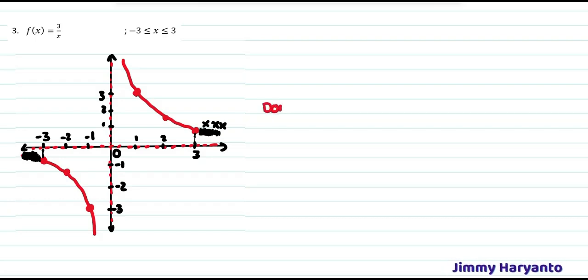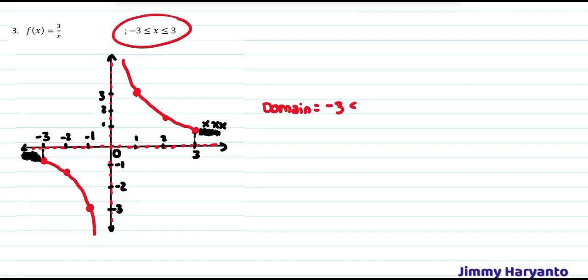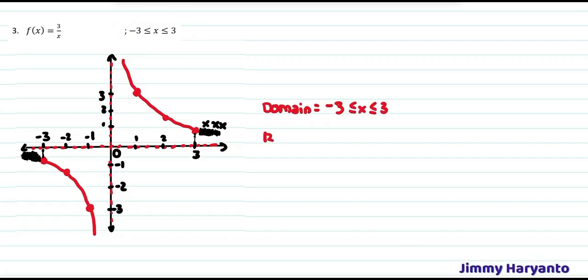The domain is the range of values of x, which is this one, negative 3 less than or equal to x less than or equal to 3. And then for the range, you will see the values of y. The values of y for this part start from negative 1, and then it will vary from negative 1 until very small numbers.